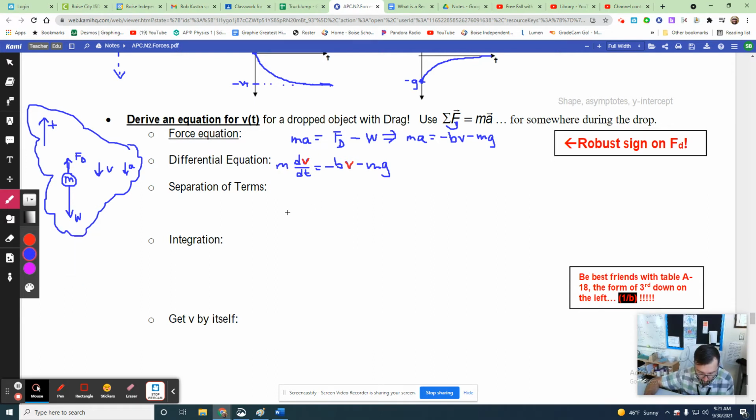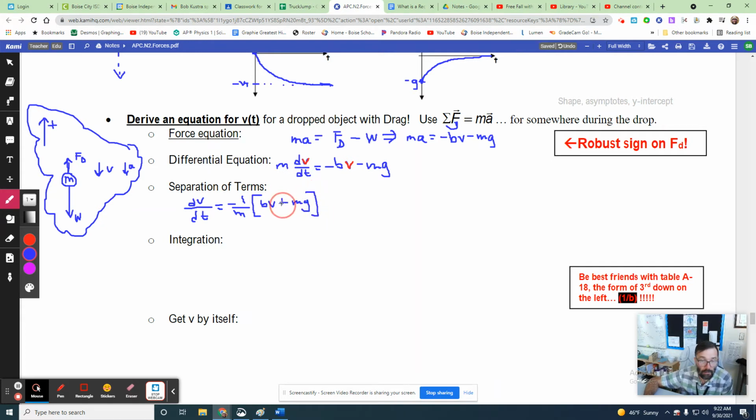So I could rearrange this equation to look sort of like this. dv/dt is equal to, what are we going to say, negative 1 over m times bv plus mg.